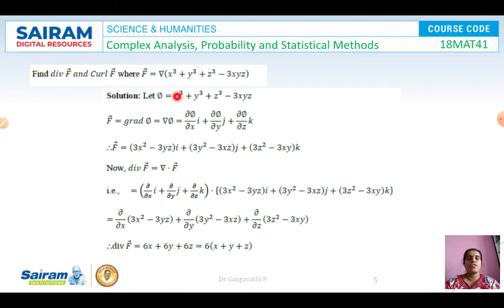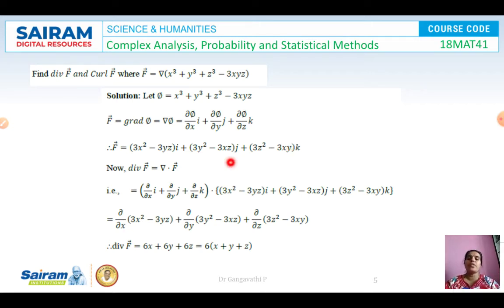The differentiation of a constant becomes 0. Differentiation of y cube with respect to y is 3y square, minus the differentiation of this term, which is minus 3xz, j cap, plus dou phi by dou z. Differentiation of x cube and y cube becomes 0 because differentiation is with respect to z, and differentiation of z cube is 3z square, minus 3xy, and it is going to be k cap, from the formula.